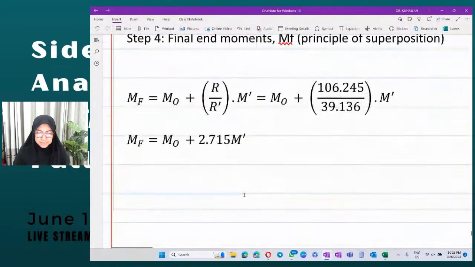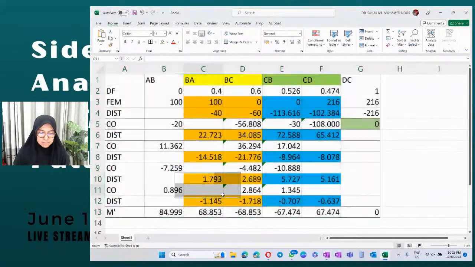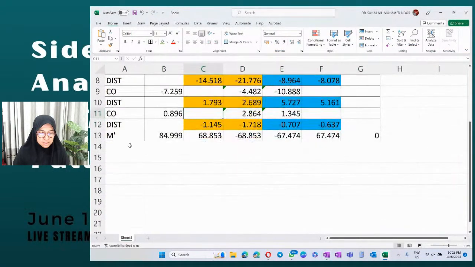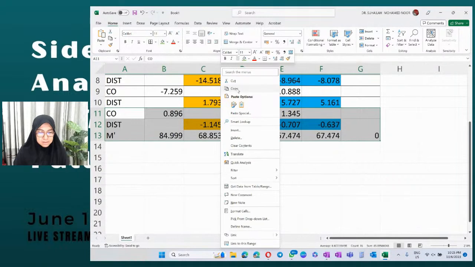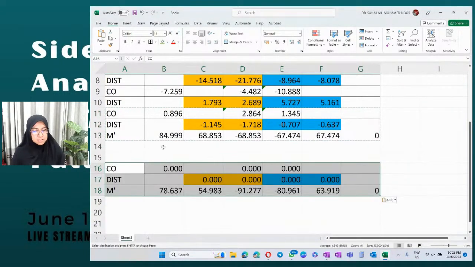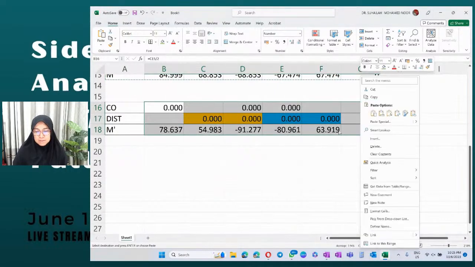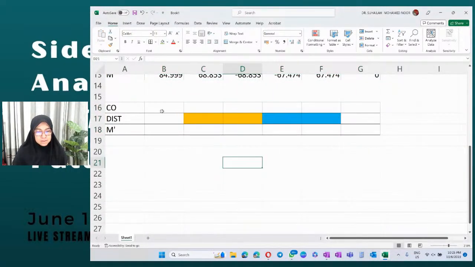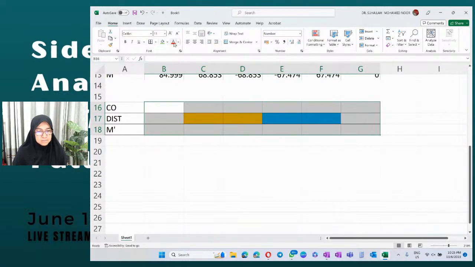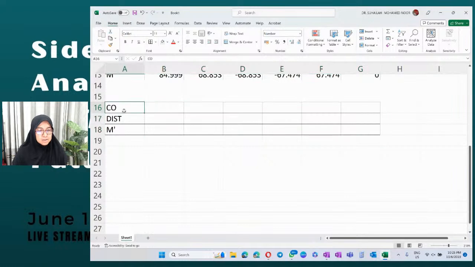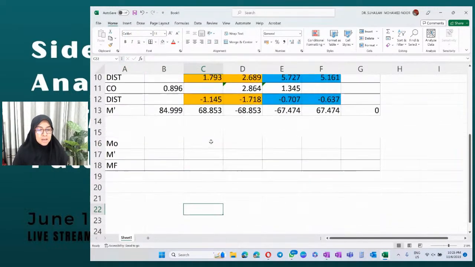M naught first, and then M prime, and then MF.